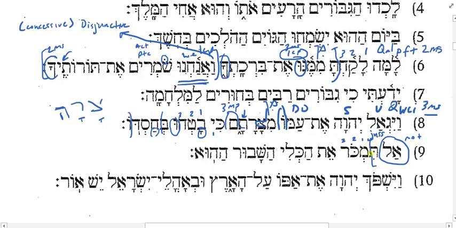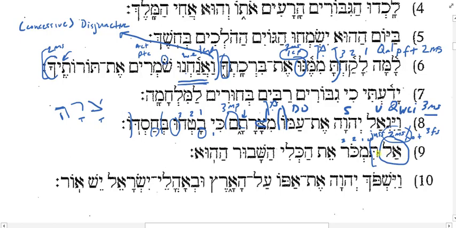And timkor could be imperfect or jussive, but with al, it's got to be jussive. And with just the tav, it could be 2MS. What else could it be? It could be 3FS as well, couldn't it? But for starters, let's go with the 2MS because we think we might be prohibiting you from doing something.